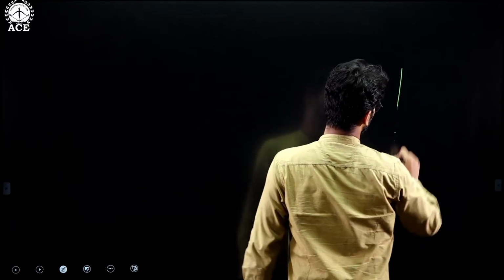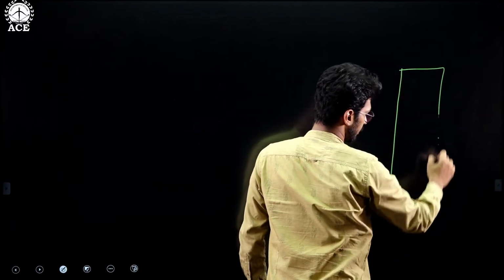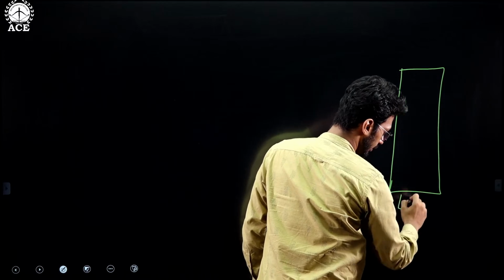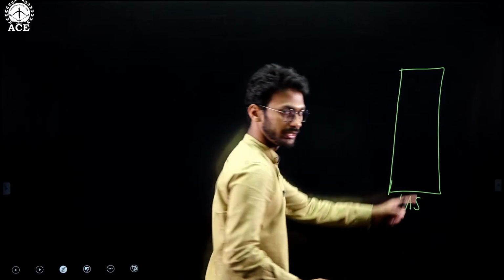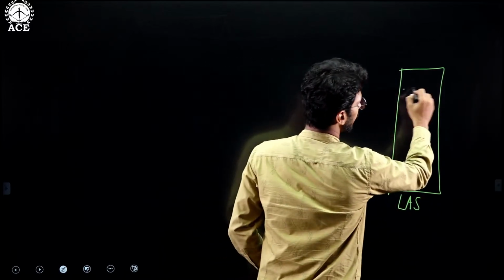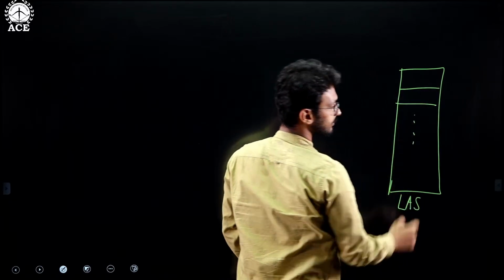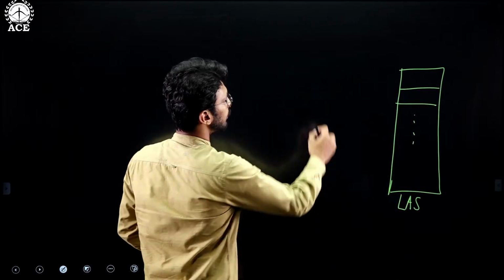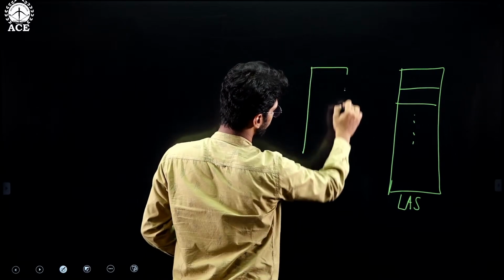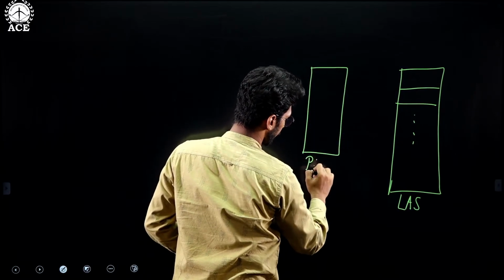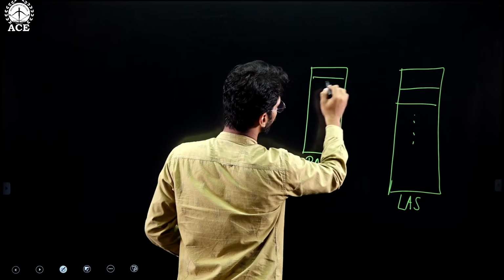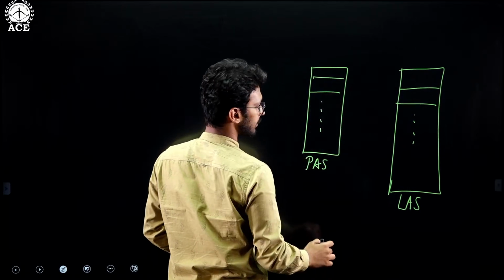Maybe I'll share a simple example. Not with values, just visualize it. This is the logical address space. I've drawn it on this side. It consists of what? Pages. Now, this one is the physical address space. It consists of what? Frames.